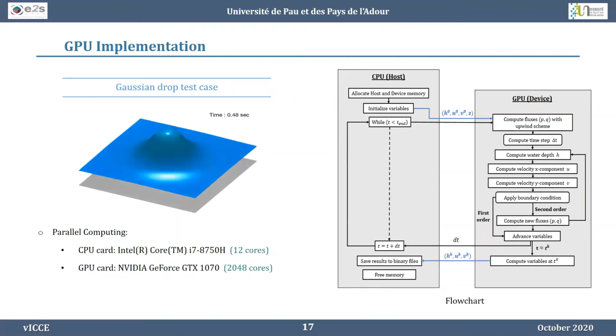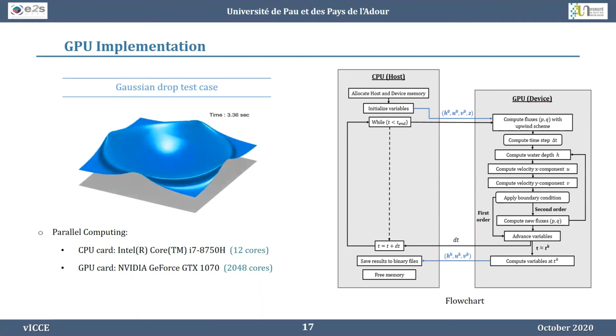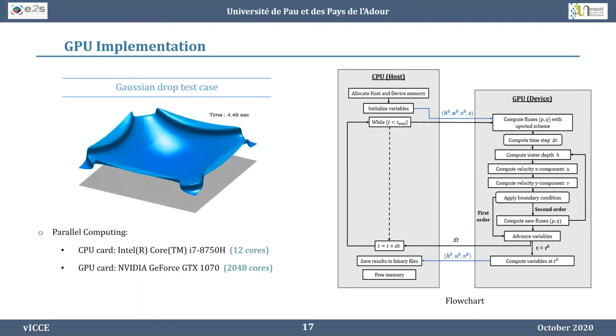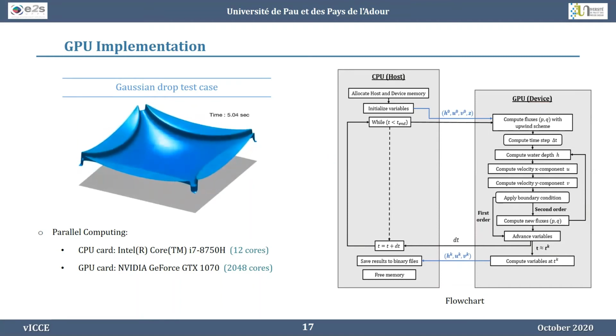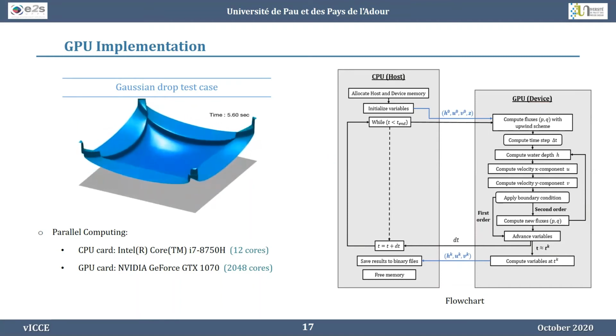In order to assess the efficiency of GPU parallelization, we compare the computation time of two types of parallelization. The first one is the standard CPU parallelization with the 12-core CPU card, and the second one is the GPU parallelization with the 2048-core GPU card.